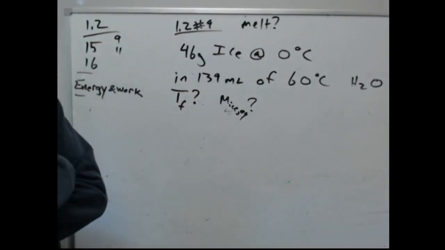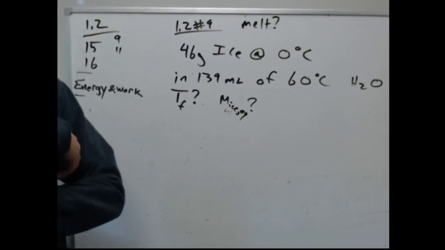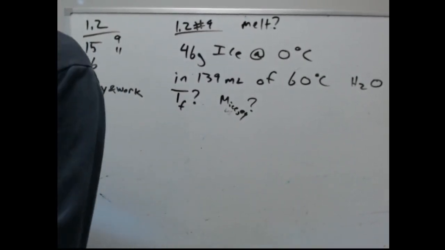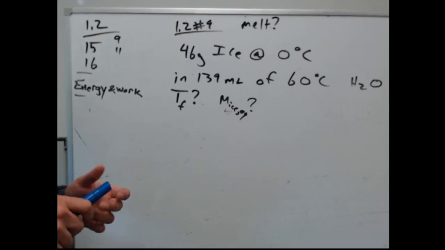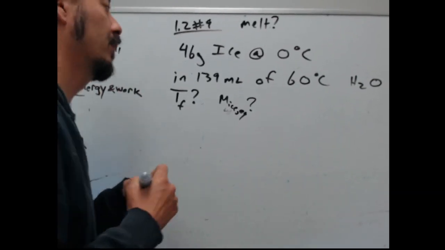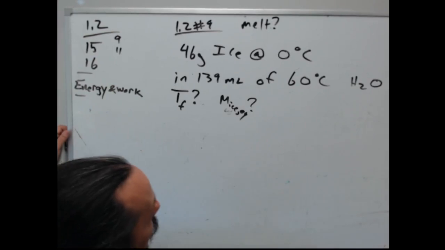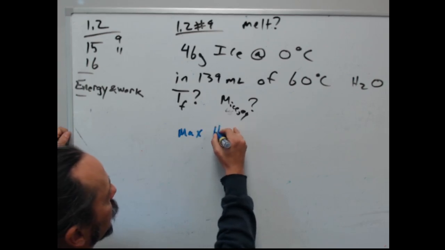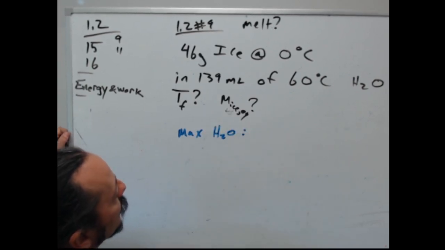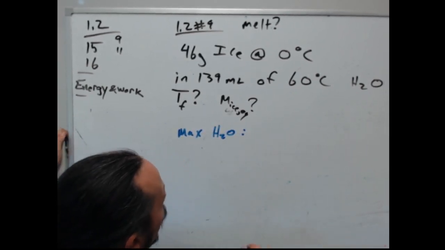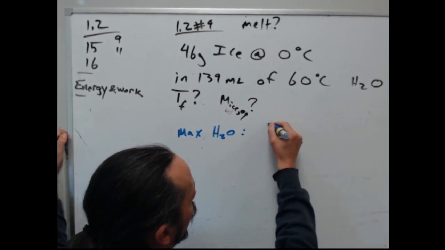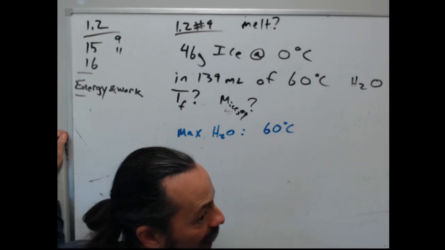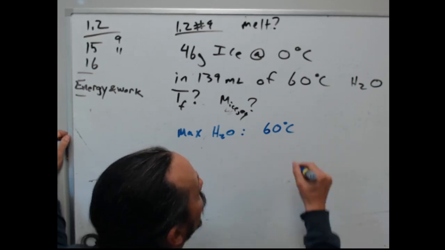So we look at this and we say, okay, how can I tell which one is going to be 0? And really, this is something we did in class as well. We have to consider which one has more energy. The maximum energy my H2O liquid could lose is from 60 degrees all the way down to 0.